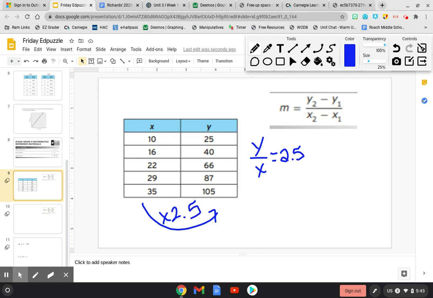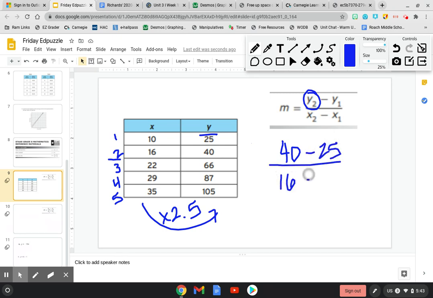But what specifically I want to show you is how to use this formula. So again, where do they get the 2 and where do they get the 1? Literally, they just number this off. And then they say y2. So y2 is 40. y1 is 25. That's all they're doing. x2 is 16. x1 is 10.